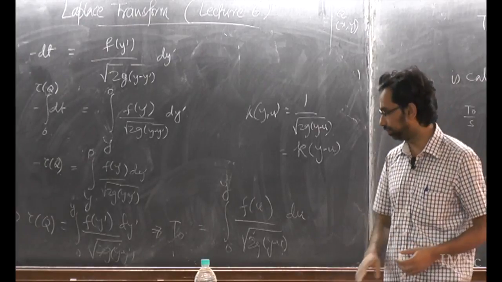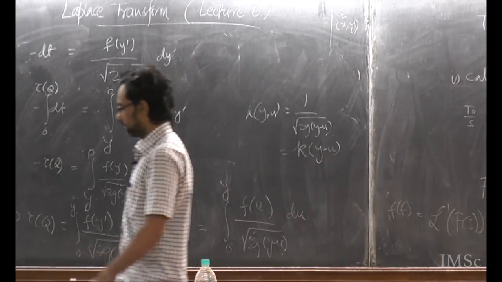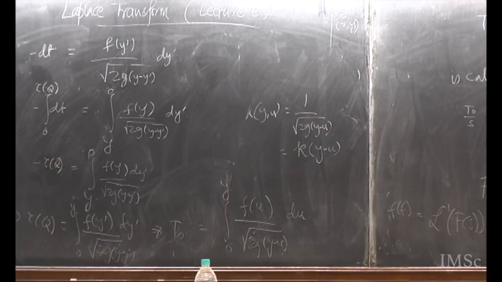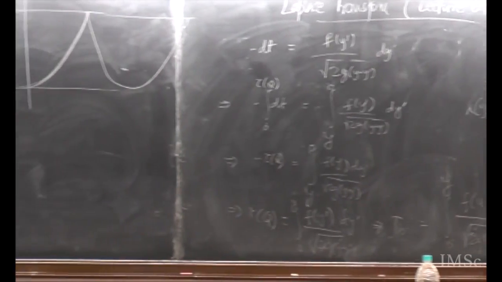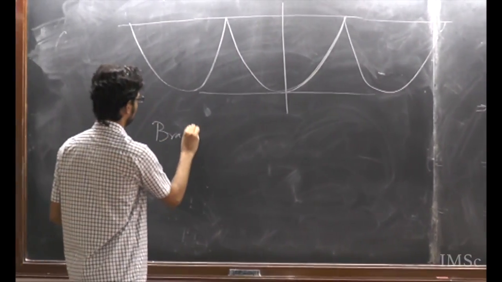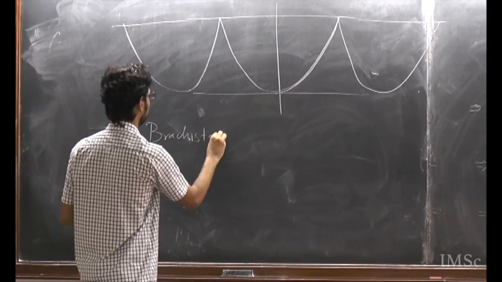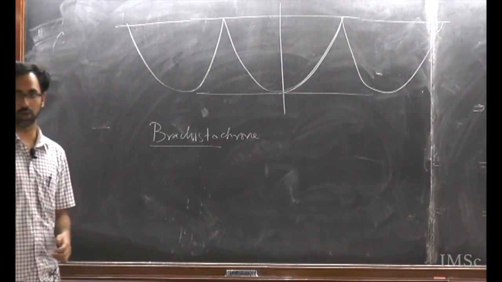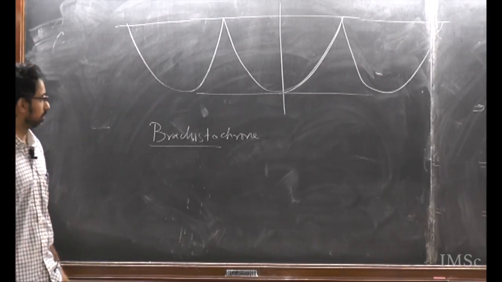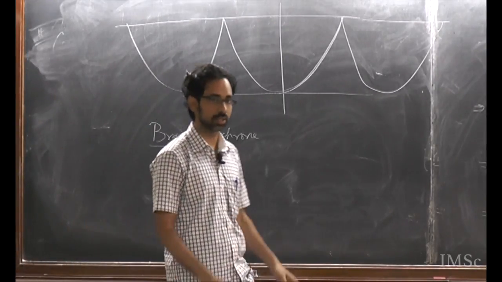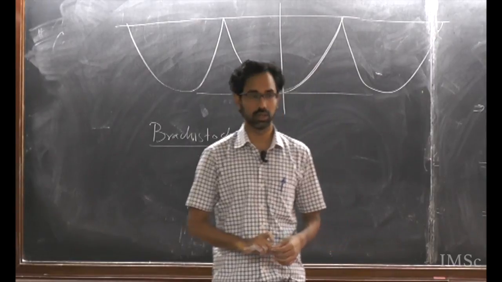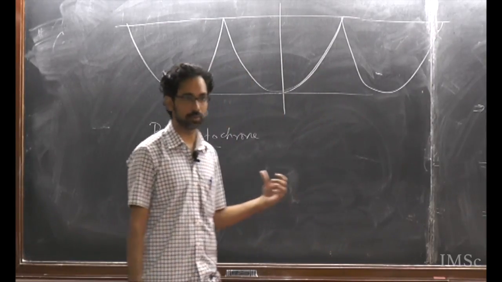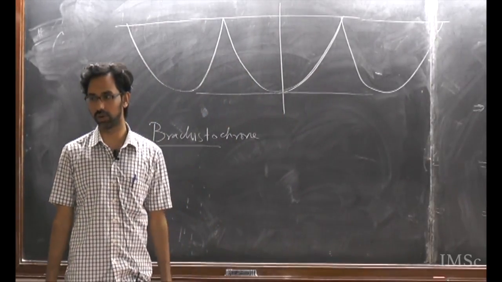And there is a related problem called the brachistochrone problem. Brachistos means shortest, the shortest time, and in fact the answer is the same. The answer to the tautochrone problem and the brachistochrone problem is just the cycloid.